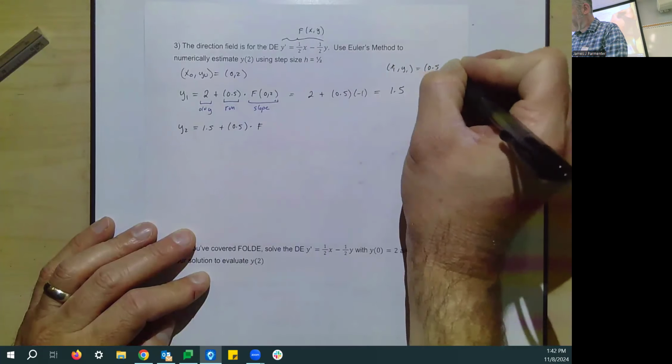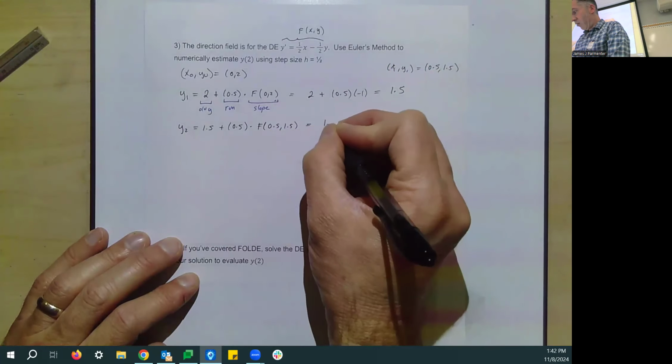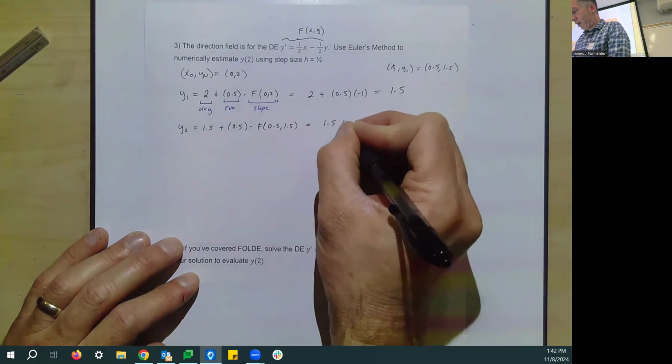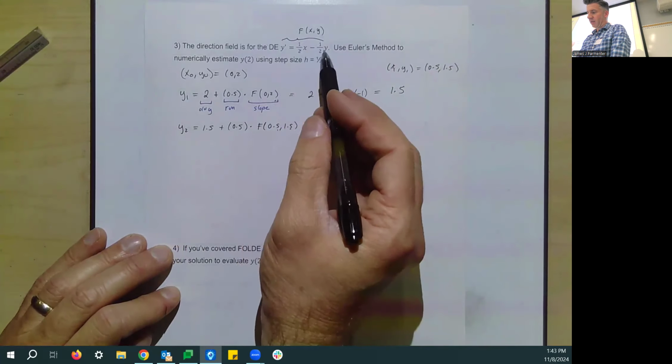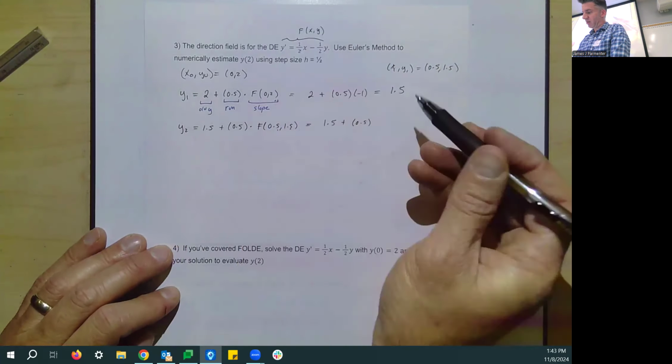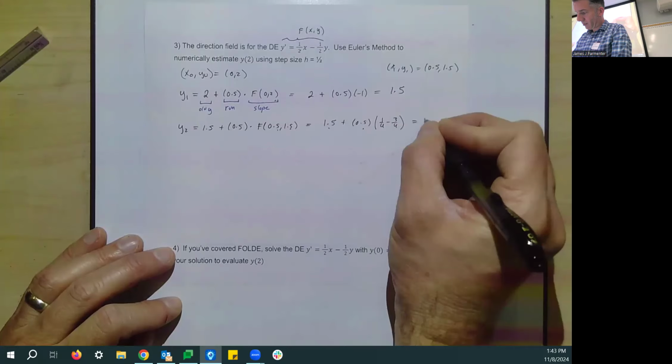So here we're going to have f of (0.5, 1.5). And we're going to get, let's see, 1.5 plus 0.5 times f of (0.5, 1.5), which is a half of a half minus a half of 3 halves. So 1/4 minus 3/4, which is negative 1/2, times a half is negative 1/4, plus 1.5 is 1.25.